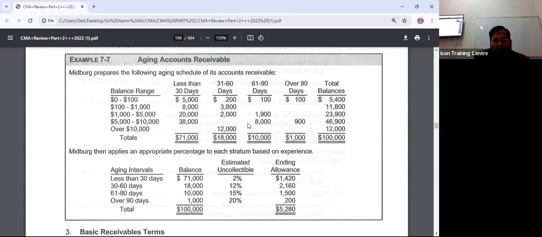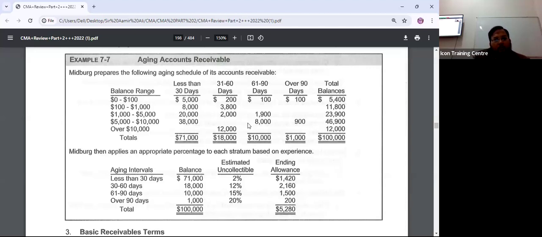It says that Midberg then applies an appropriate percentage to each stratum based on the experience. Now, his experience is that if it is less than 30 days, 2% is uncollectible. But if it is over 90 days, 20% is not collectible, right? So they have balance. 71,000 is the amount which is less than 30 days. And they are expecting that 2% will be bad debts.